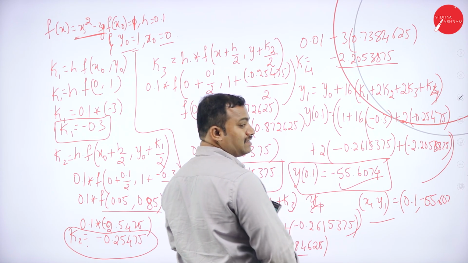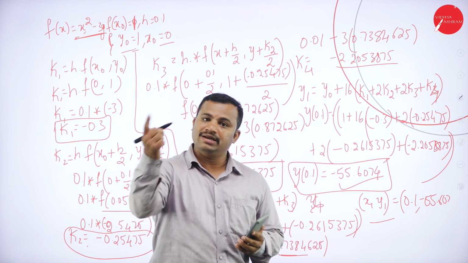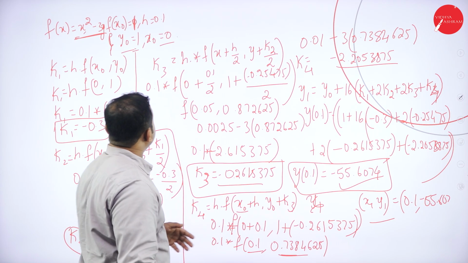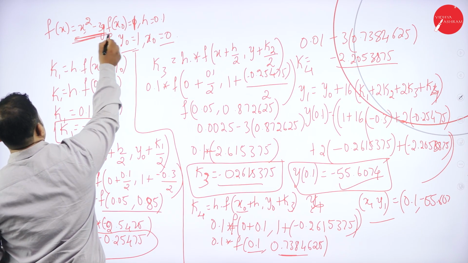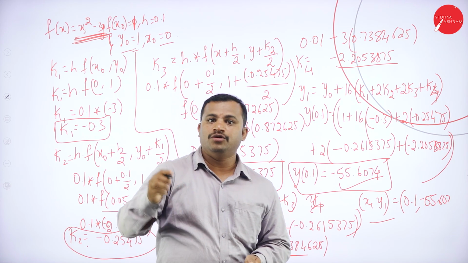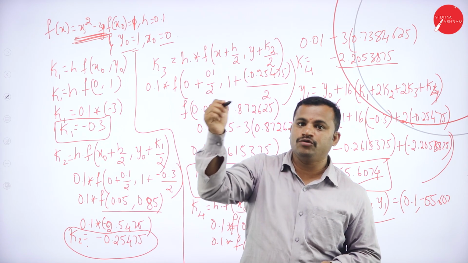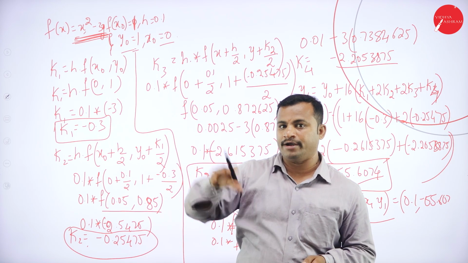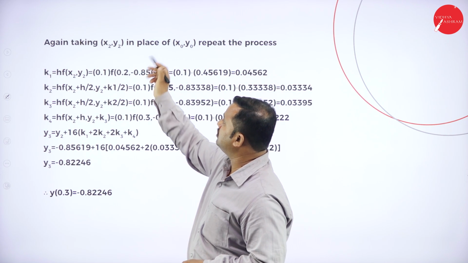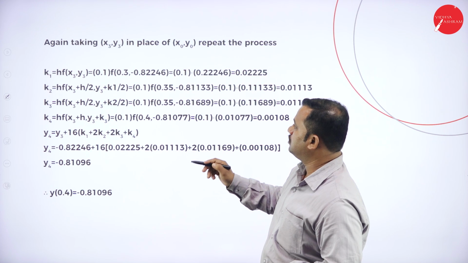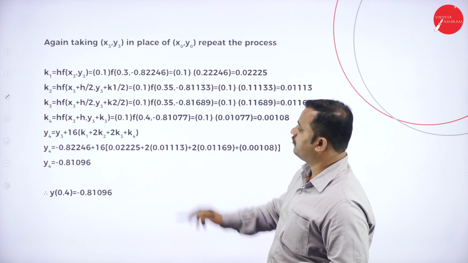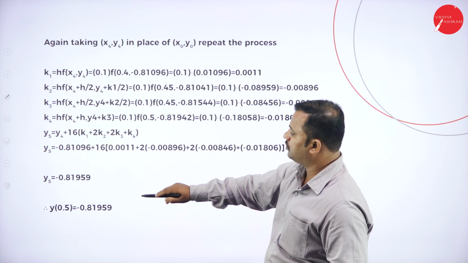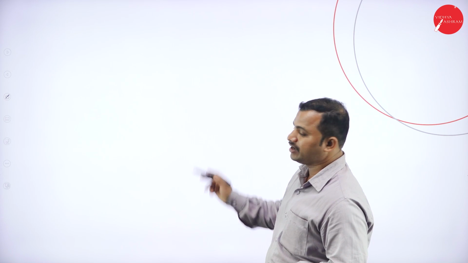So this is x1 and y1 for the next iteration to get y2. This process is repeated for this equation x square minus 3y until we get the desired terms y0, y1, y2, y3, and so on up to the desired end point. So this is for x2 and y2, and this is for x3 and y3 to get y4, then x4 and y4 is used here to get y5. So that is the final result.